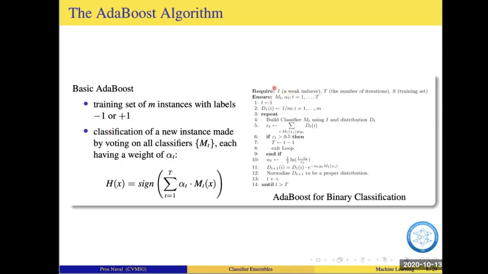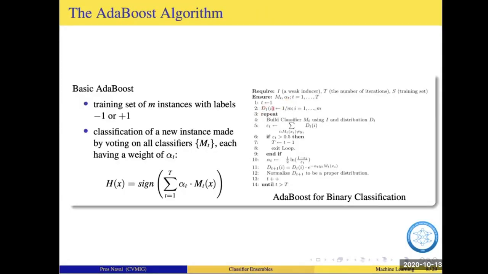You have as input a weak inducer, let's say a perceptron or decision tree, and then you specify the number of iterations. Then also the training set, of course, and you want to get the output, which is your classifier. There are T of them, big T classifiers with coefficients alpha t.